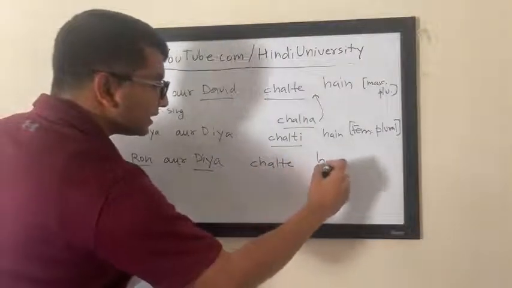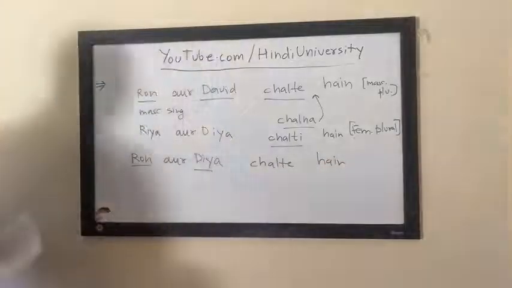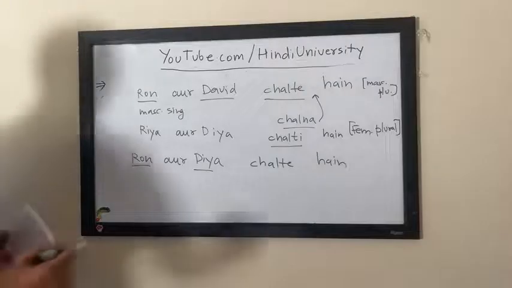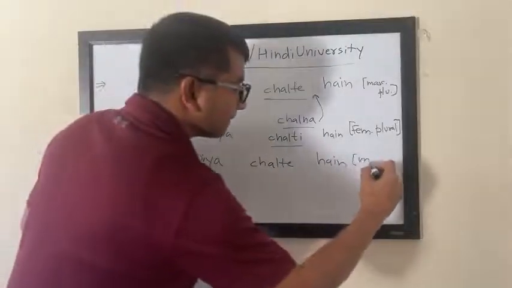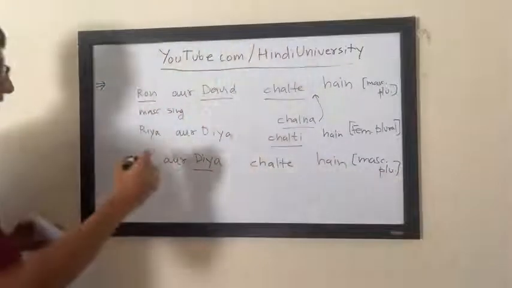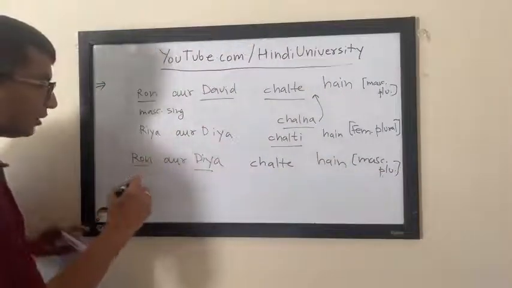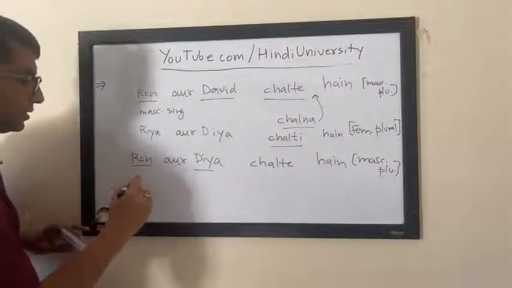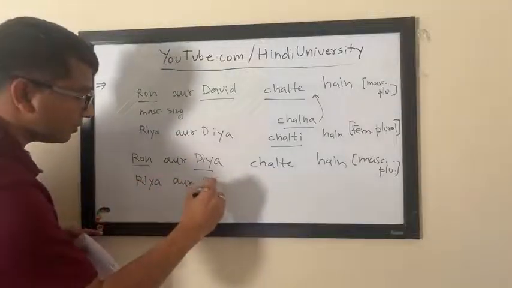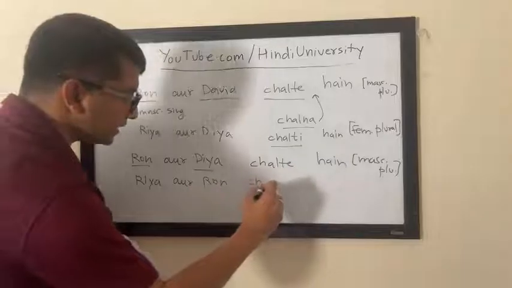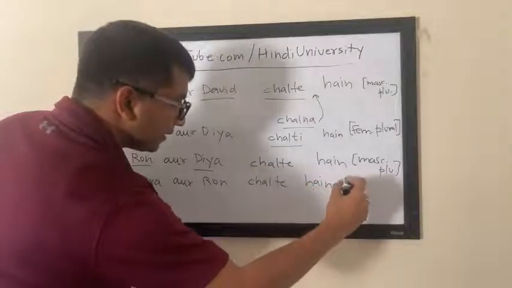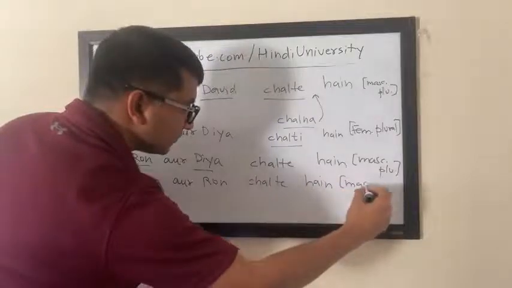Ron or Diya chalte hain. You're defaulting to masculine plural. Similarly, if I were to switch it, instead of Ron, you have Riya or Ron chalte hain. You're still going over masculine plural.